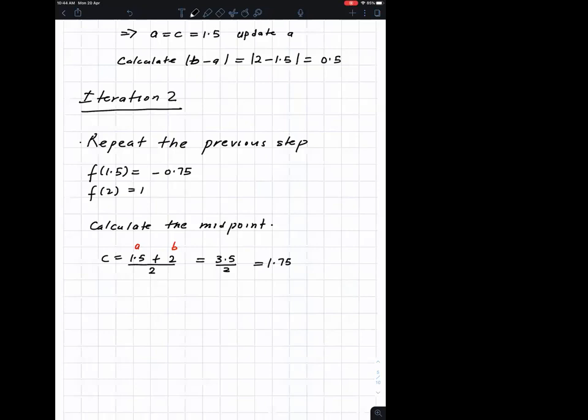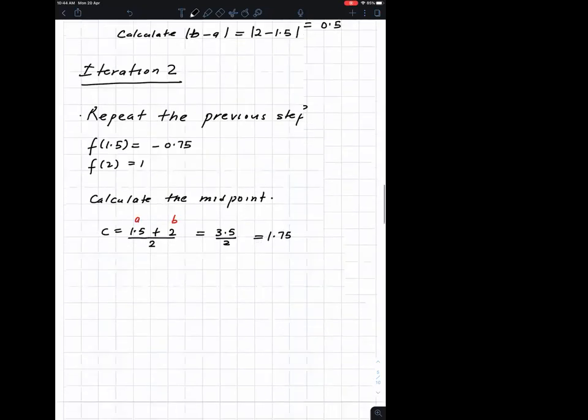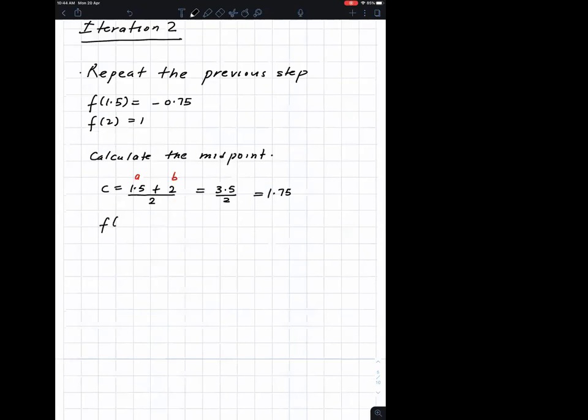After calculating this, we want to find out whether it's on the left or right hand side. To do that, we plug this into the original equation. It's 1.75 squared minus 3, going to be giving you 0.0625. Go back to the curve, and you can plot this.